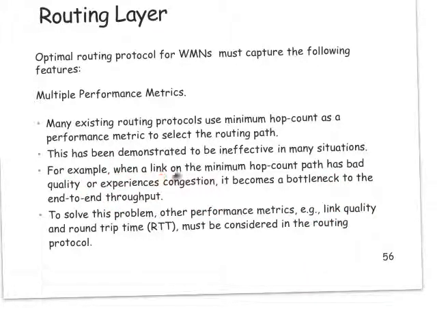are by measuring what we call the link quality. The link quality can be measured by what we call round trip time. Round trip time is basically the time that the packet takes to be sent to the next node and come back.